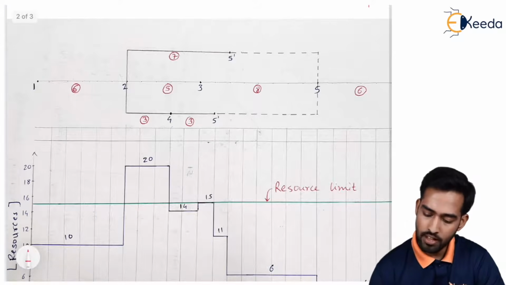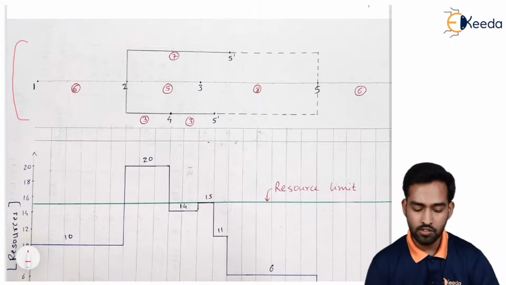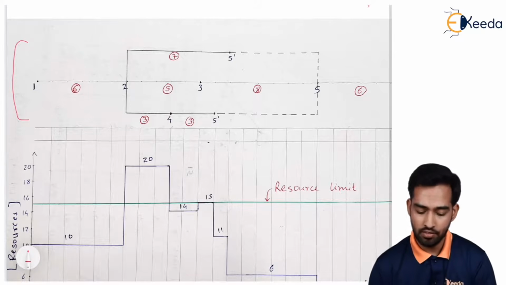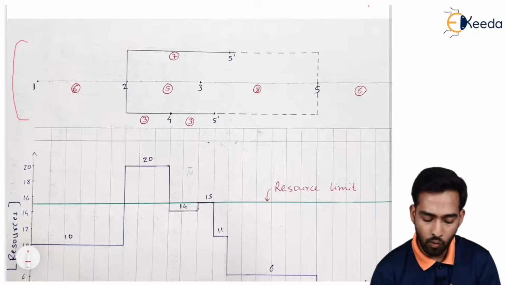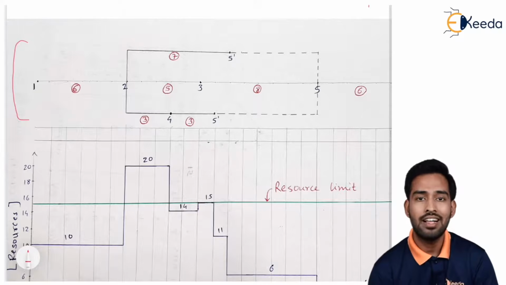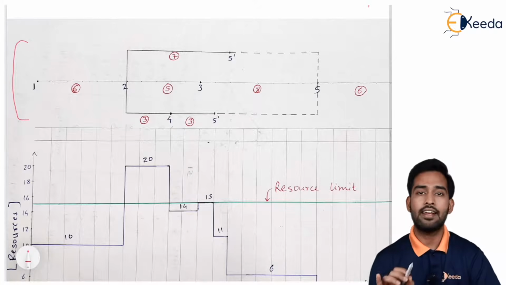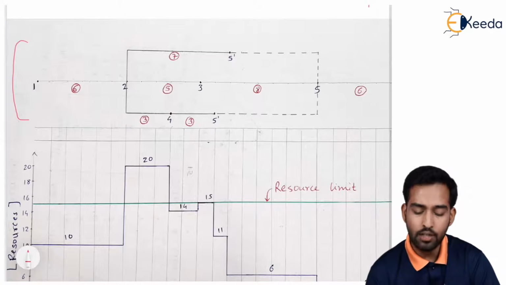In this portion, as you can see, we have drawn a bar chart which represents the activities. So for activity 1, 2 the number of days is 6. Likewise, from the second activity we have 2, 3, 2, 4 and 2, 5.